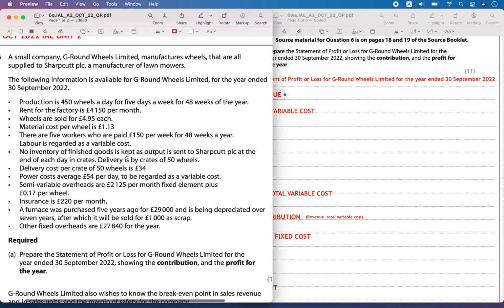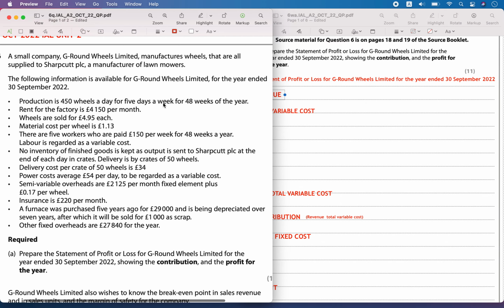The production is 450 wheels a day for 5 days a week and 48 weeks of the year.